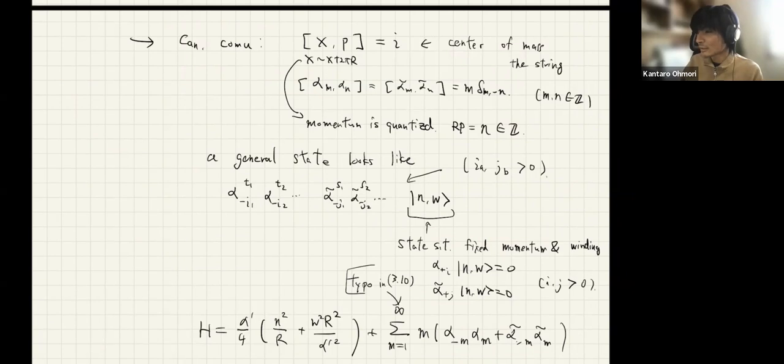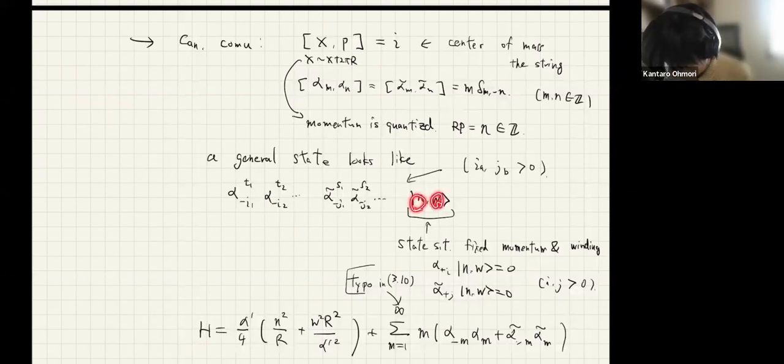Please ask questions. I'm going at lightning speed. Well, if there's nothing, then I proceed. There are always two quantum numbers which are obviously preserved by this Hamiltonian, n and w.